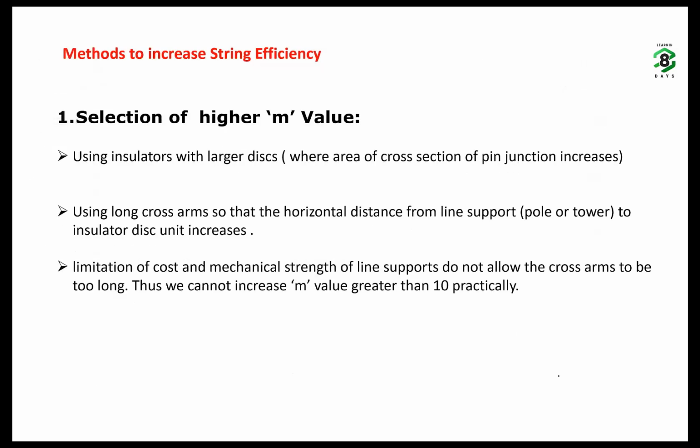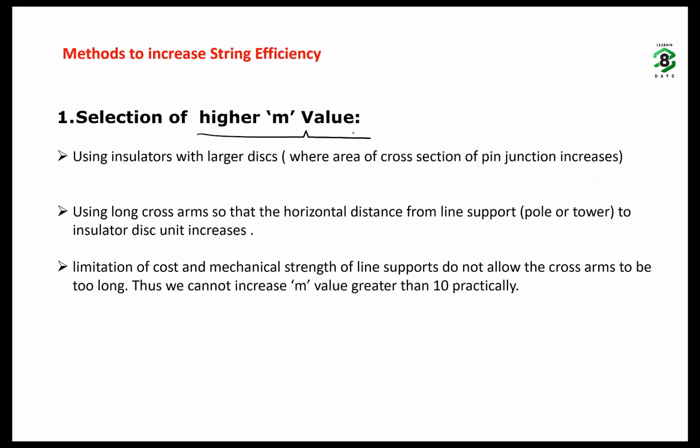So next, the last topic of today's discussion is methods to increase string efficiency. If we increase the M value, then we can achieve more string efficiency. We have done one problem in this lecture with M equal to 5.